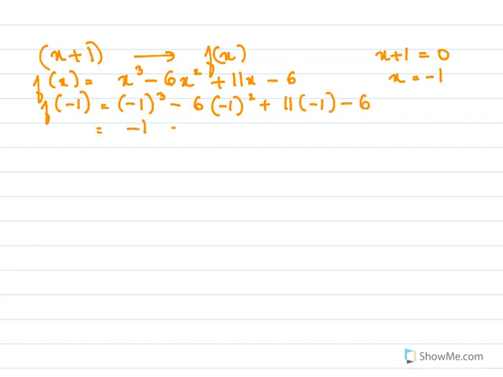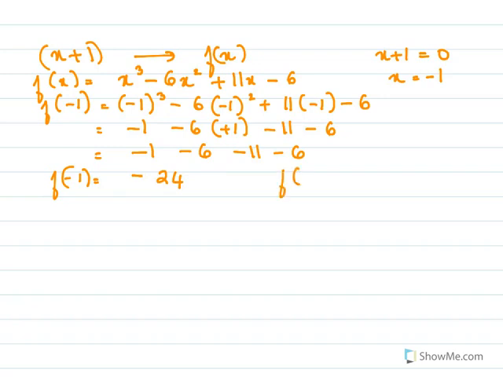So this is minus 1, minus 6, minus 11, minus 6. This f of minus 1, we get now minus 24. It is not equal to 0. Therefore x plus 1 is not a factor. So now we have rejected x plus 1.